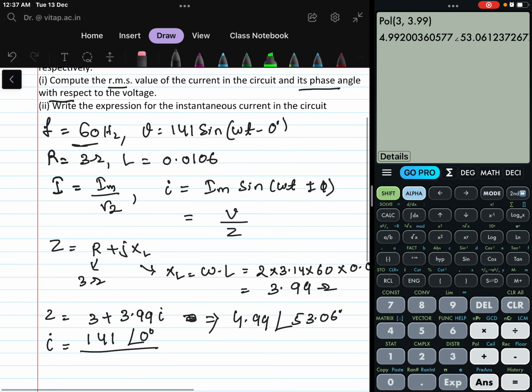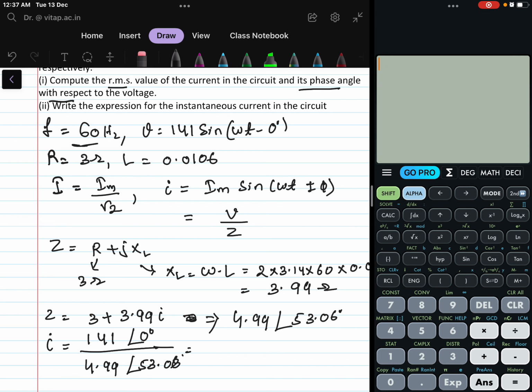So that will be 4.99 at an angle of 53.06. Now, 141 divided by 4.99 is equal to 28.25, and the angle is 0 minus 53.06, so minus 53.06 degrees.